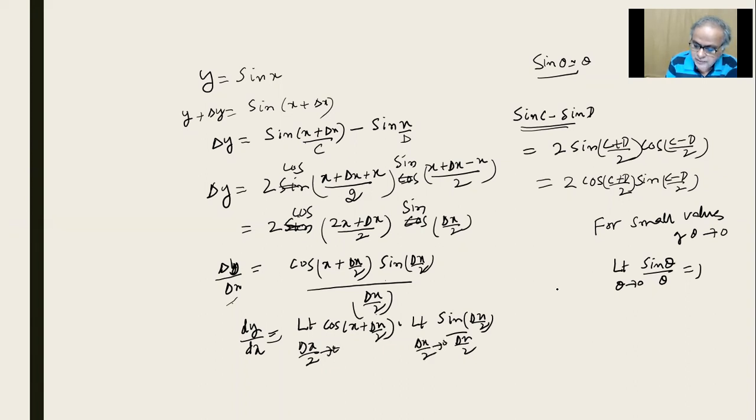Why? Because if delta x is tending to 0, delta x by 2 also tends to 0. Because I've got delta x by 2, I'm writing it like that.